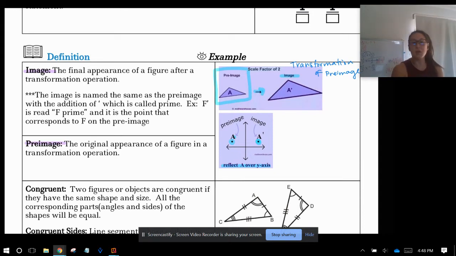The way we denote that we have an image versus a pre-image is that an image has just a plain variable, so A, and a pre-image would have a prime on it, which is that little apostrophe, the prime. So we'd say A prime, or F prime, prime.